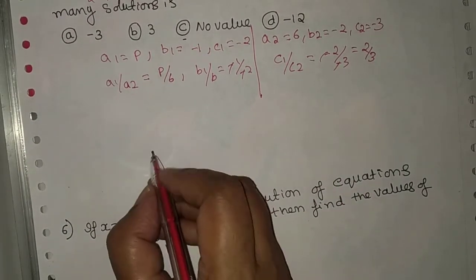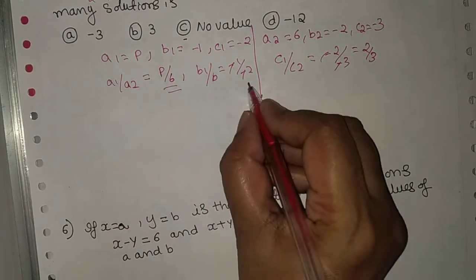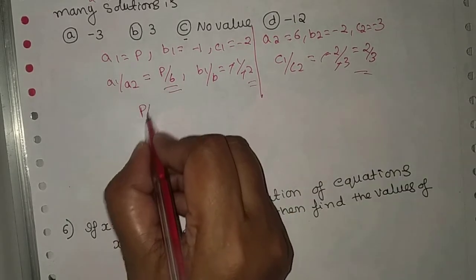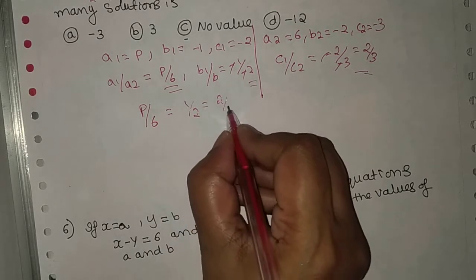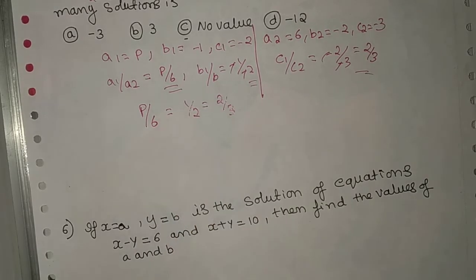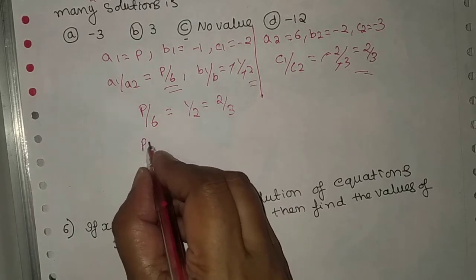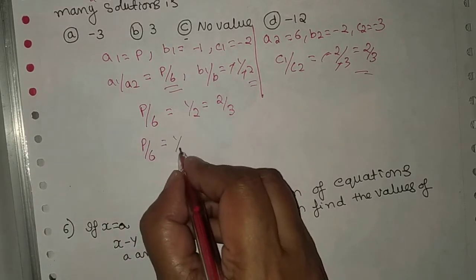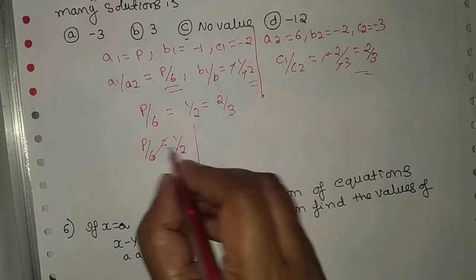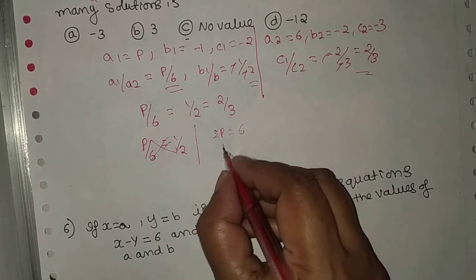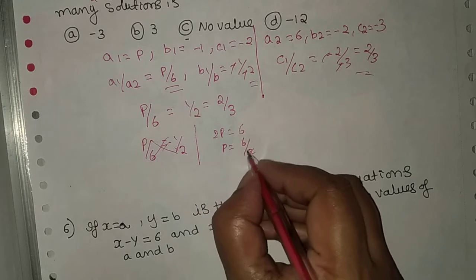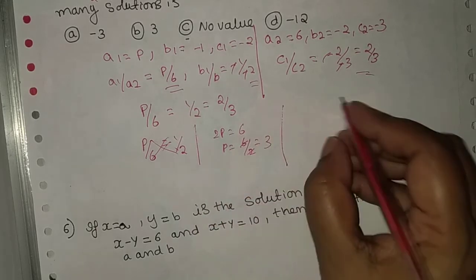Therefore, same thing here, we have p by 6 is equal to 1 by 2 is equal to 2 by 3. Taking this as we did in the previous problem, cross multiply, we get 2p is equal to 6, p is equal to 6 by 2, p is equal to 3 in the one case.